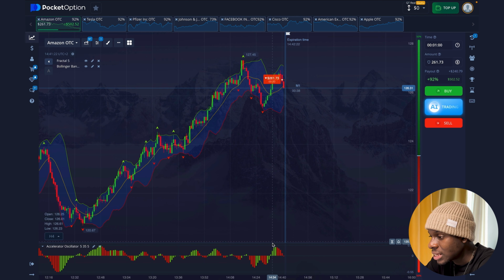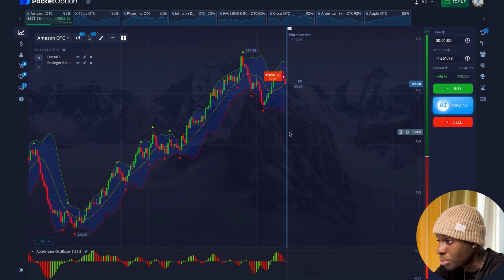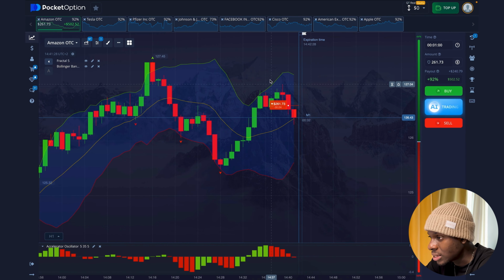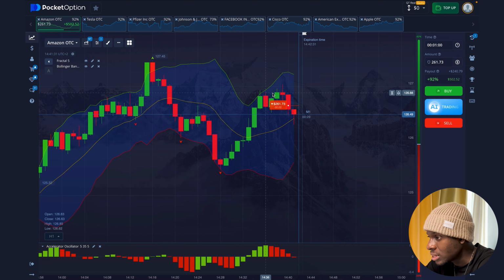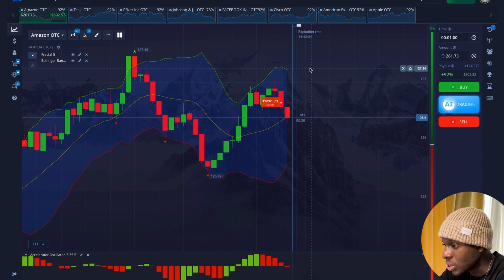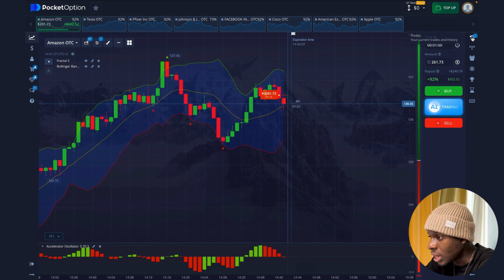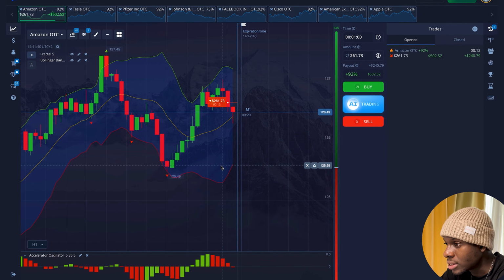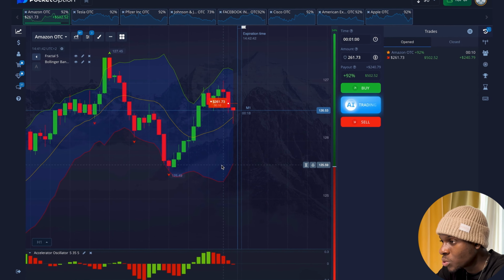So this is a clear signal that there's a potential reversal after the touch of the Bollinger Bands, guys. After this touch, I'm expecting a decent push downwards. That push has already started, as we can see, so that should keep on going. We should get a decent pullback, guys. Let's see how this one plays out.